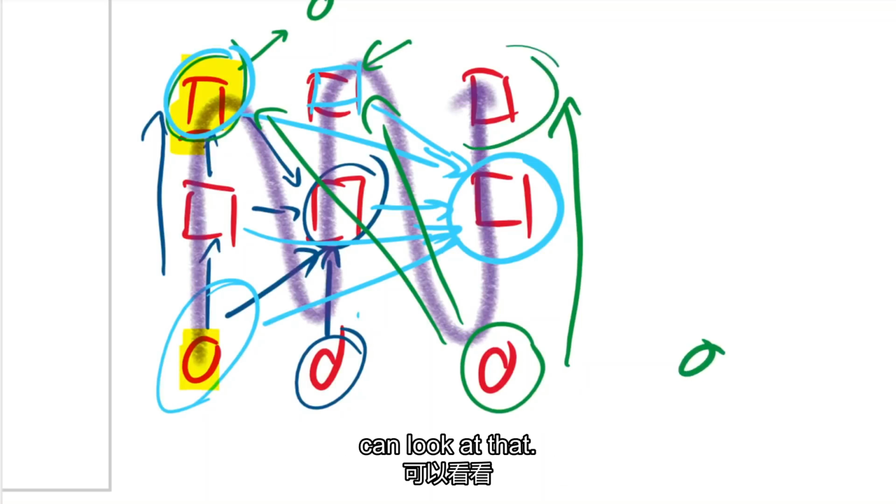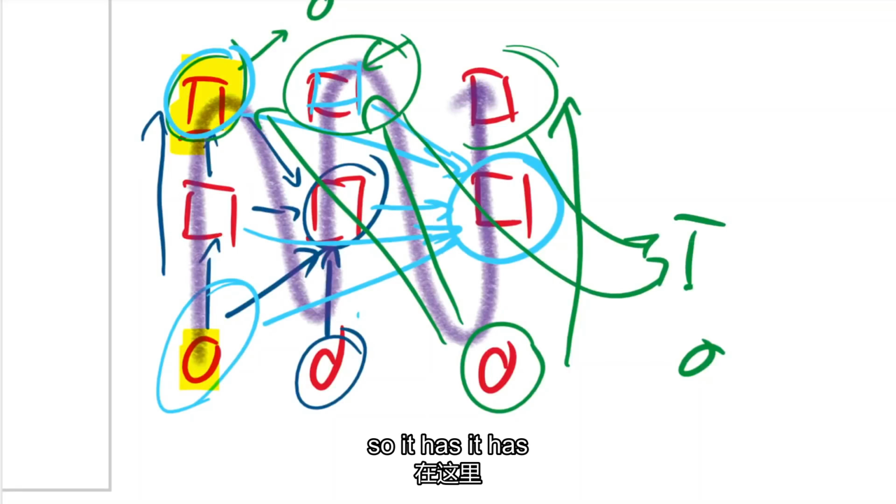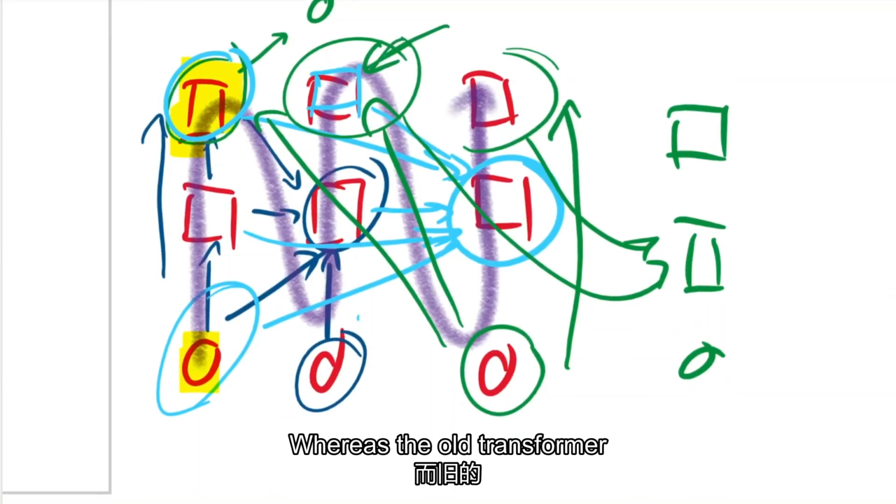So maybe it can do an if condition, and the next thing can look at that if condition, can look at the value of the variable, and through the layers here, it has 2 layers of compute just to implement that if condition on the current value of the variable, whereas the old transformer would sort of have to start from scratch. You can maybe think of it like this.